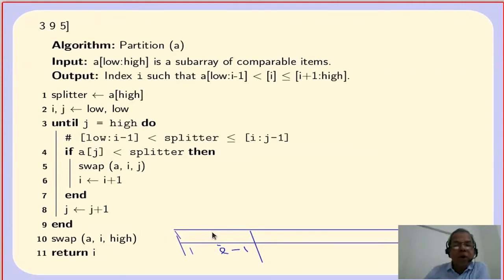Let me say this is all less than the pivot. Somehow, it has the property red. And then I will say i to j minus 1 is greater than or equal to the pivot.